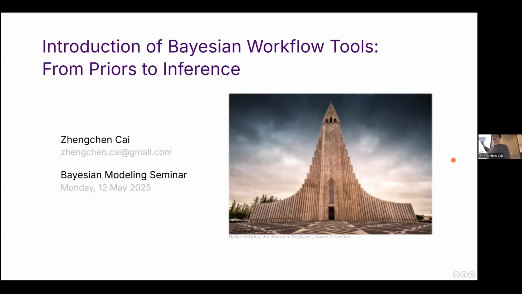I selected this photo. It's a church. It looks like a distribution. I guess there is nothing related to statistics, but if I have to assign a shape, it looks like a Laplace distribution, right? And Laplace is actually considered the one who first discovered Bayesian inference independently.